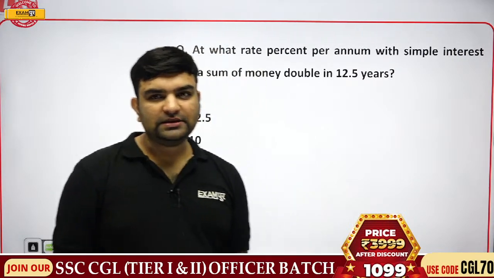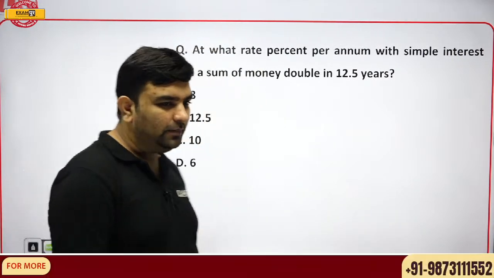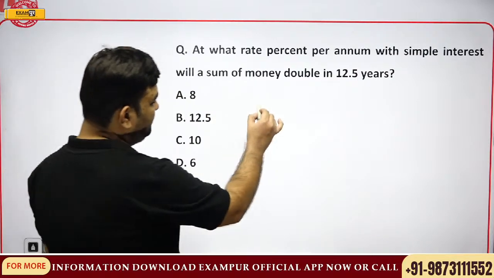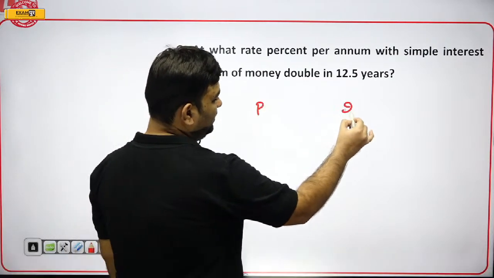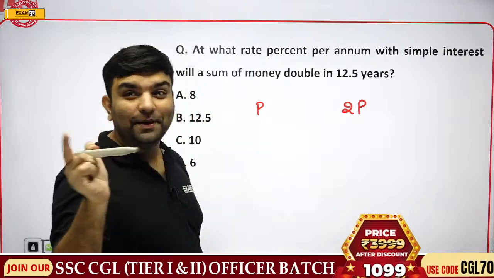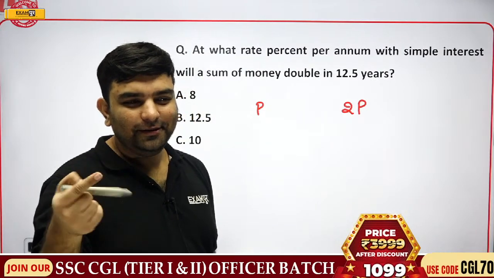Sum of money doubles in 12.5 years. Doubles means principal P becomes 2P, isn't it?